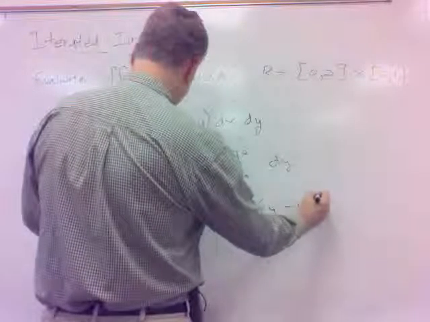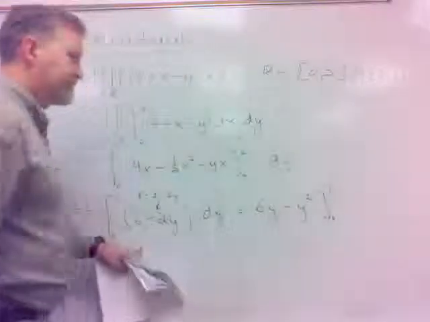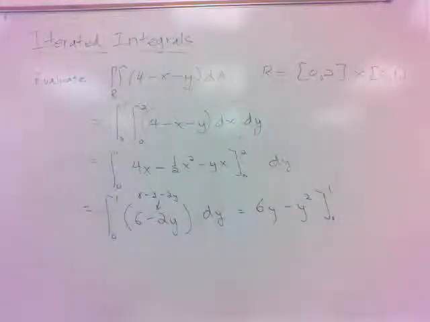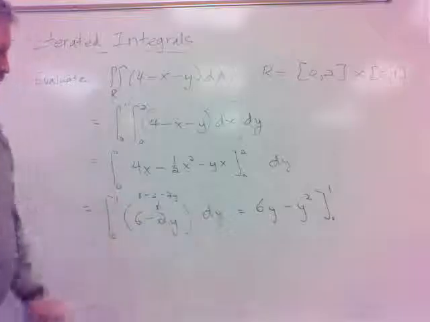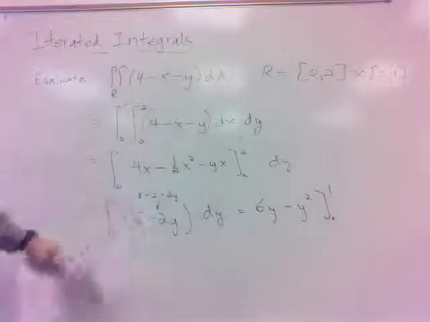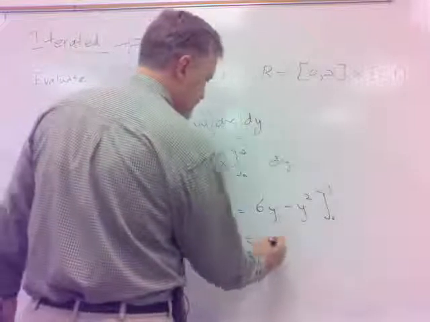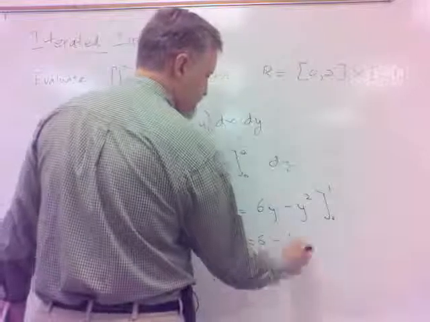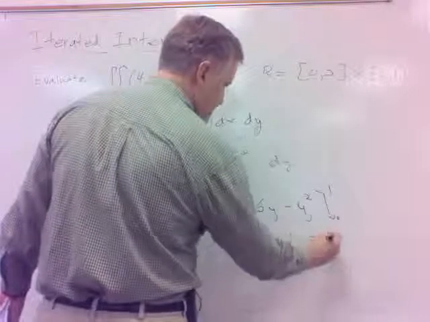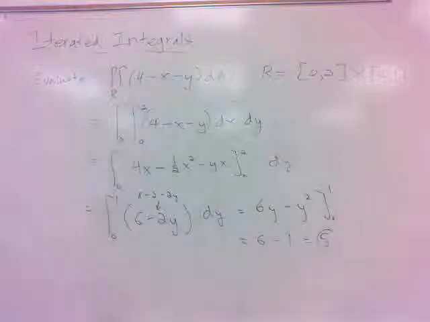Y squared, 0 to 1. Now we're going with respect to y, so it's 6y minus y squared, now 0 to 1. 6 minus 1, 0 to 0, that's 5.